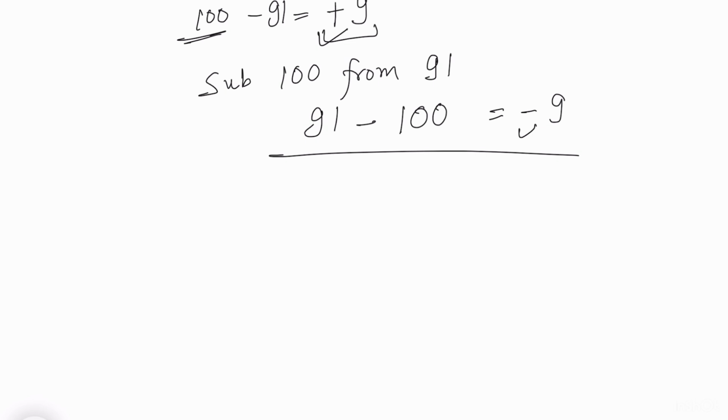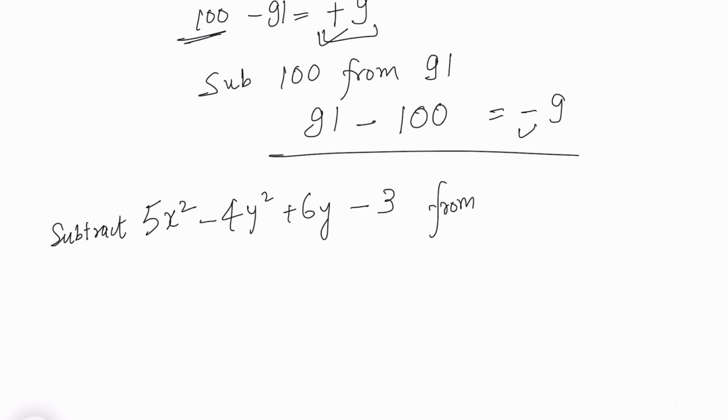So I'll write the question again. You need to subtract (5x² minus 4y square plus 6y minus 3) from 7x square plus 4xy plus 8y square plus 5x minus 3y.